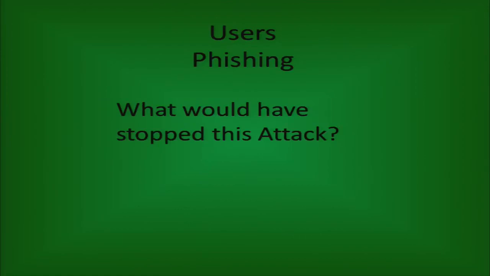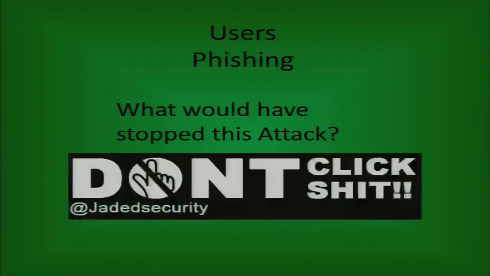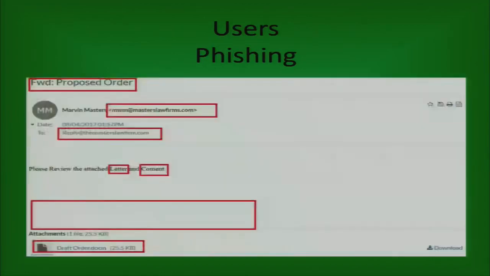So we did a phishing attack last year at my office, and of course, the first thing that would have stopped this attack is this. Just don't click stuff. But this is the email that I sent out in my office, and there are 7 things on this email that should have tipped my users off not to click on it, okay?